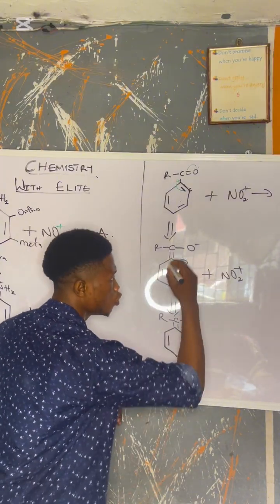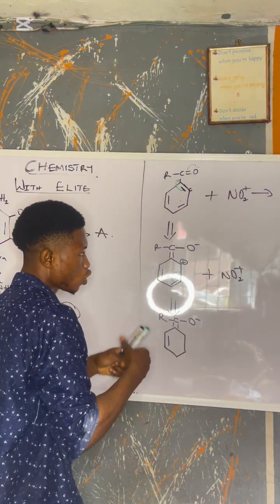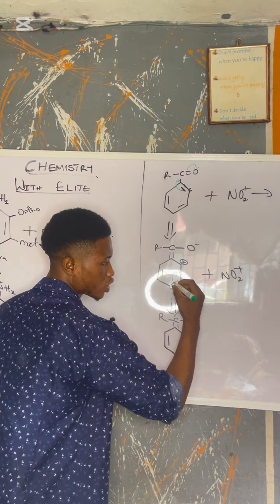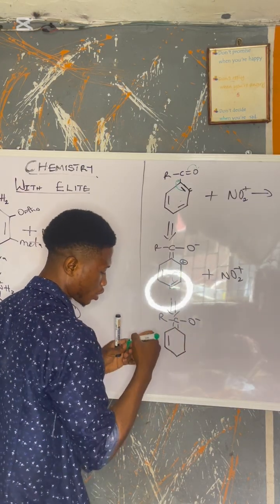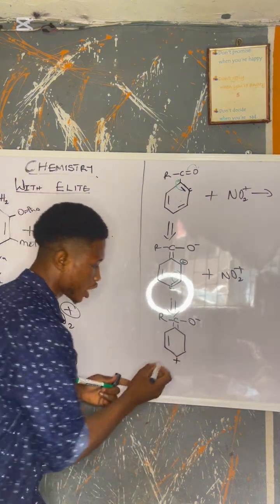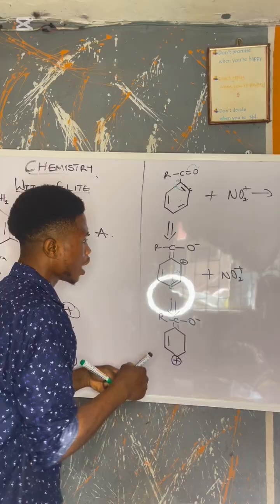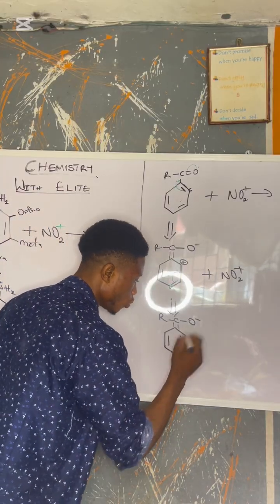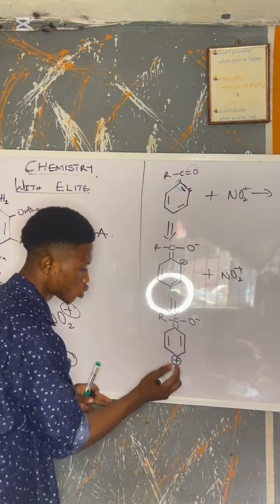Now if this thing moves to this side, don't forget that we are moving the electron away from this particular carbon that is here. So since we are moving the electron away from this carbon, that means the last carbon that we have down here becomes positively charged. So here becomes positive, and then we have our double bond here. So here becomes positively charged.